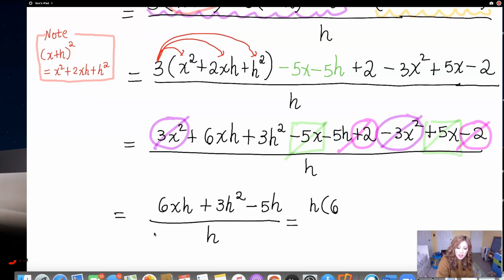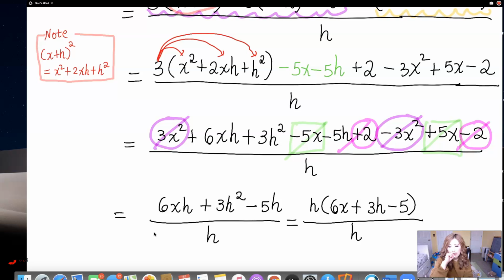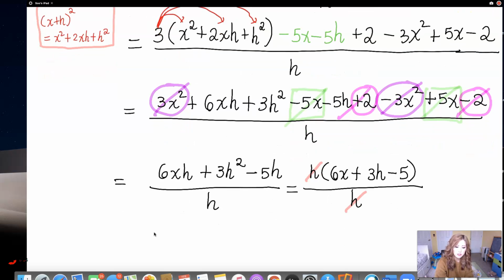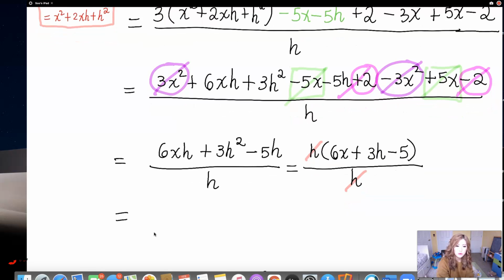So that will be 6x plus, it used to be 3h squared, but it's now going to turn into 3h. And then last term used to be minus 5h, it's now negative 5, all over h. And then what we can do is we can finally cancel out that h on top and bottom. Gone, gone. So your final answer, simplified difference quotient, is 6x plus 3h minus 5.